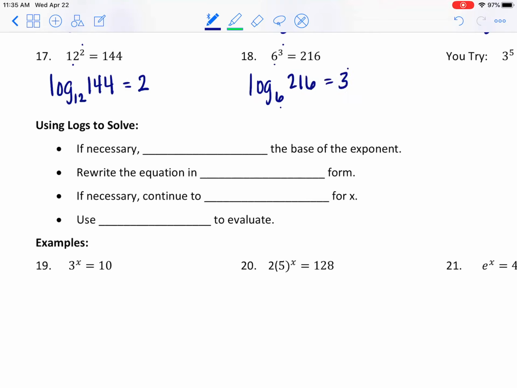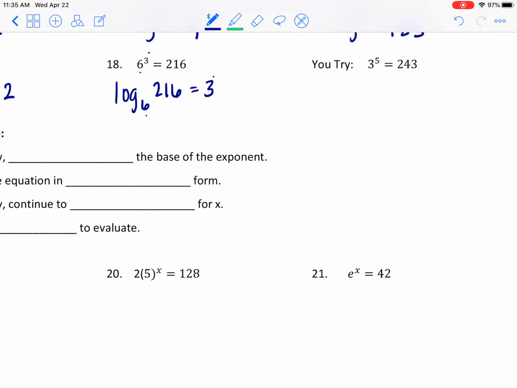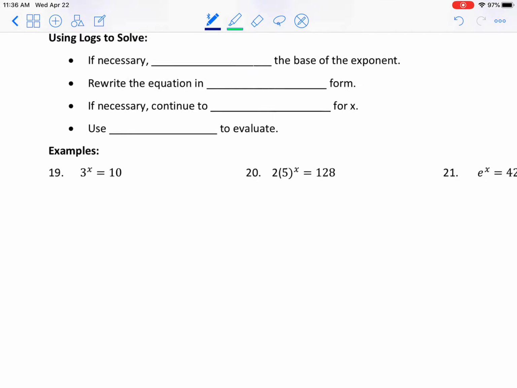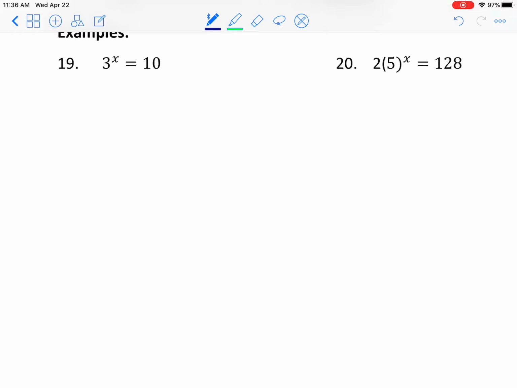Or 6 cubed equals 216 is equivalent to log base 6 of 216 equals 3. The base is the base, the exponent's the answer. Or 3 to the 5th equals 243 is equivalent to log base 3 of 243 equals 5.